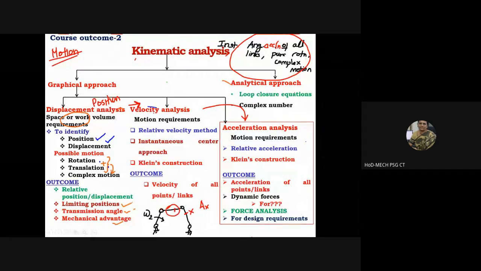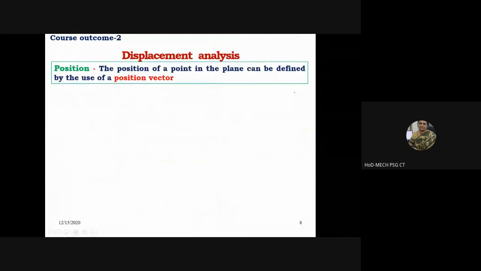One is to find out the maximum values of acceleration of the different links, so as to see if they are within finite, achievable limits. The second is that the results of acceleration analysis form the input for dynamic force analysis. So these are the major needs.